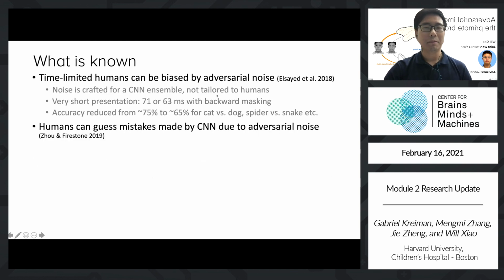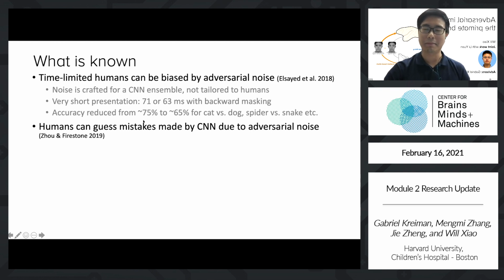And briefly, I want to summarize what's already known related to this question. There's a paper from Elsayed et al. who showed that time-limited humans can be affected by the same adversarial images that affect convolutional nets. Their effect does require very short presentation times and basically reduces an already low accuracy of 75% by a further 10%.